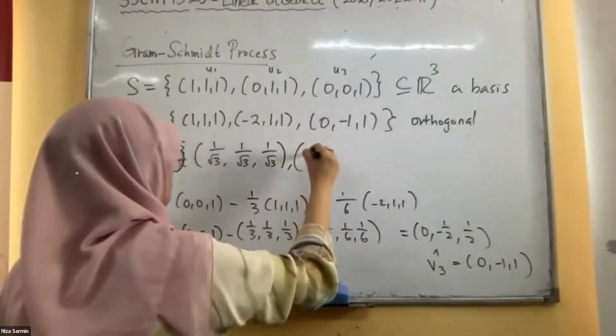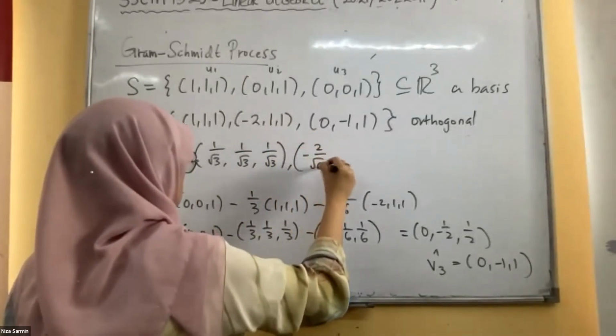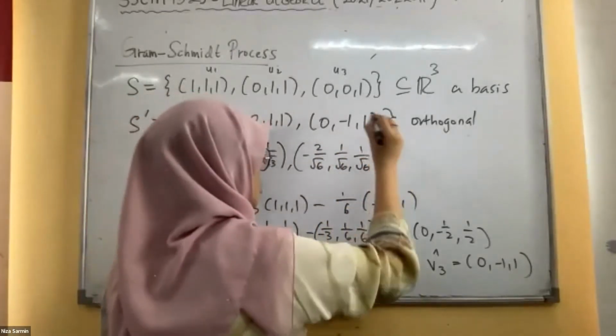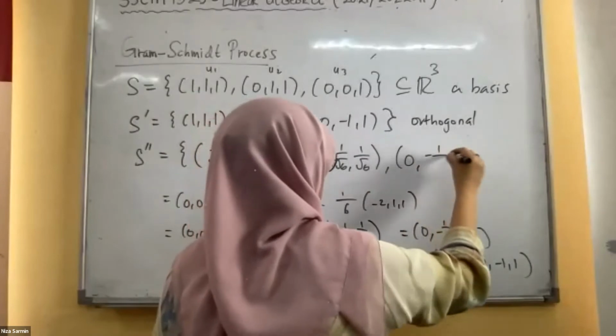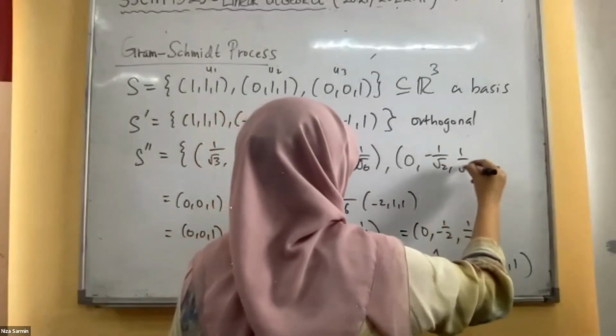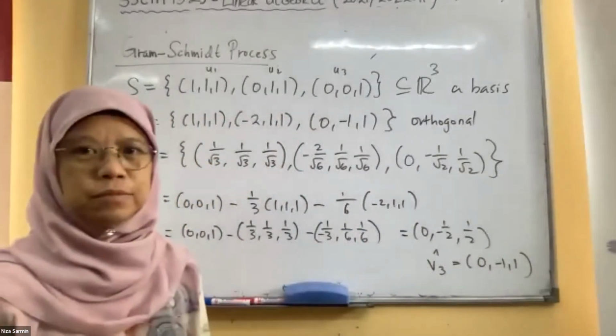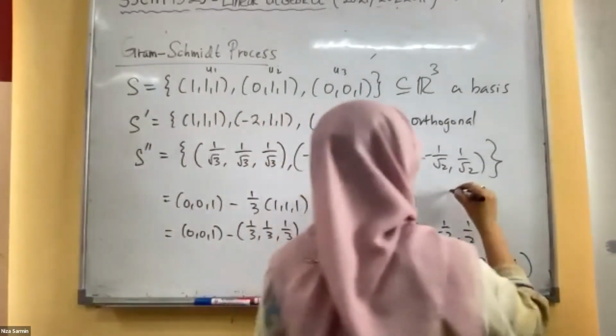This is square root 6. And this is square root 2. Orthonormal.